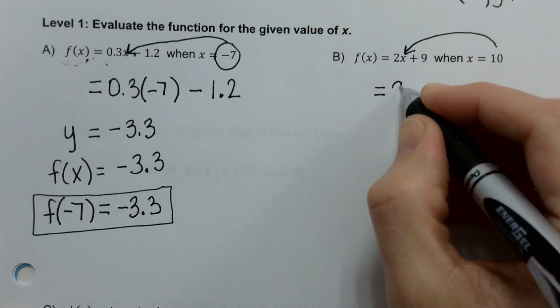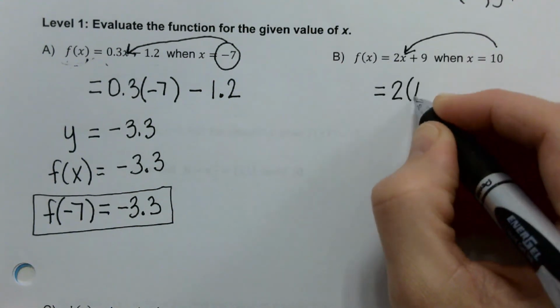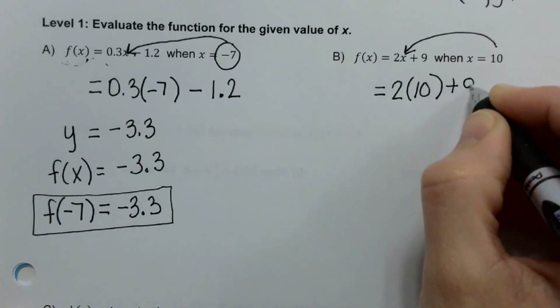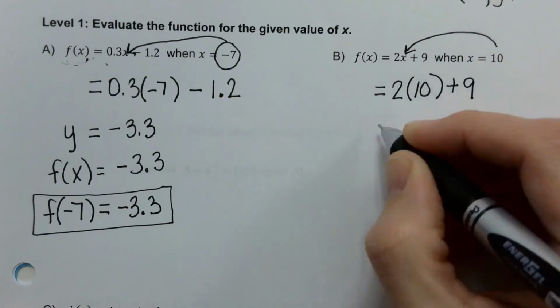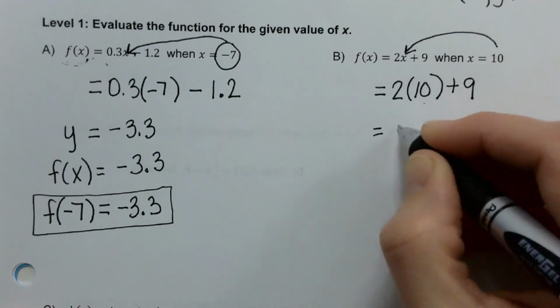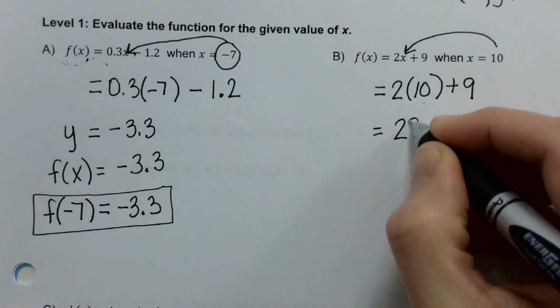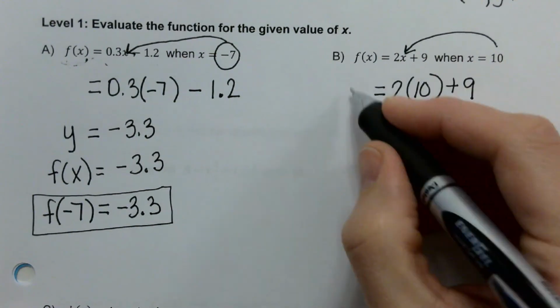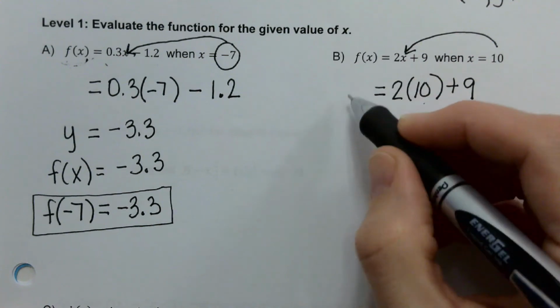So 2 times 10, add 9. 2 times 10 is 20, plus 9, 29. Now 29 is equal to my function.